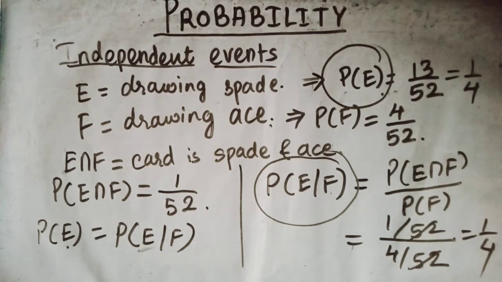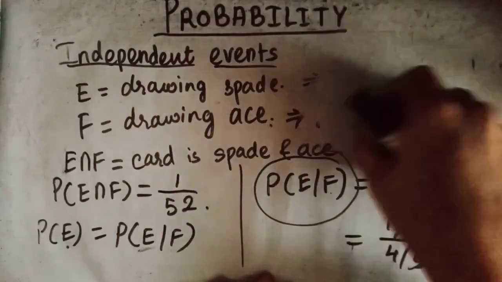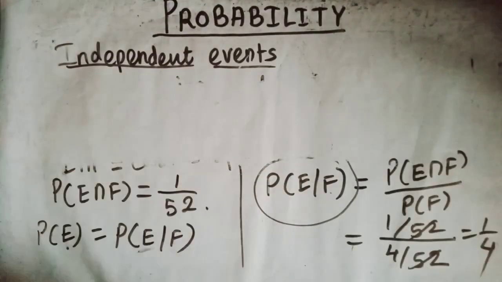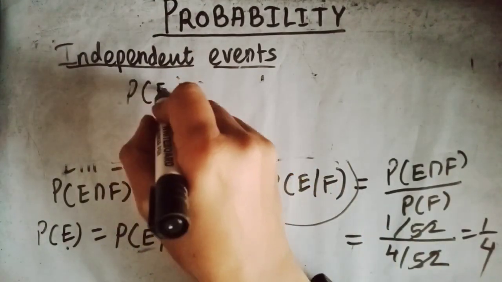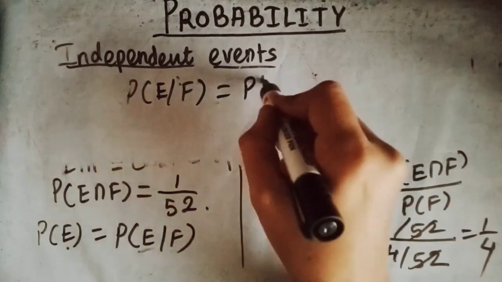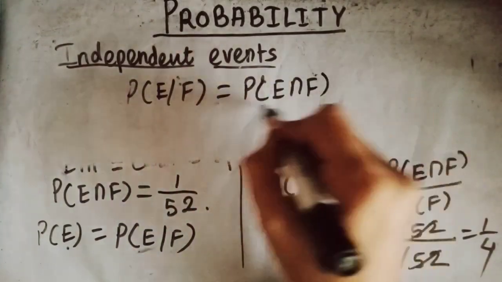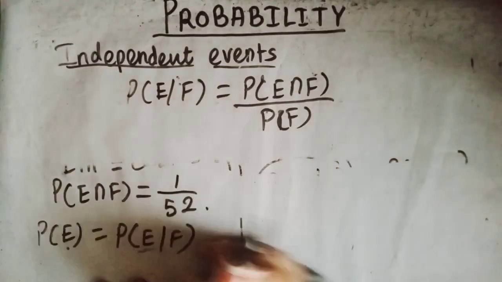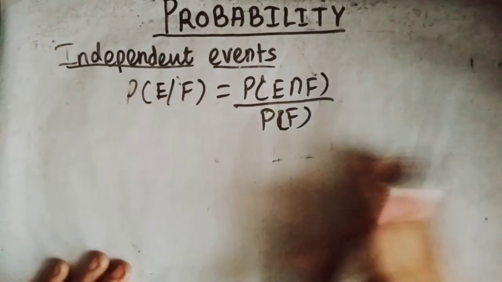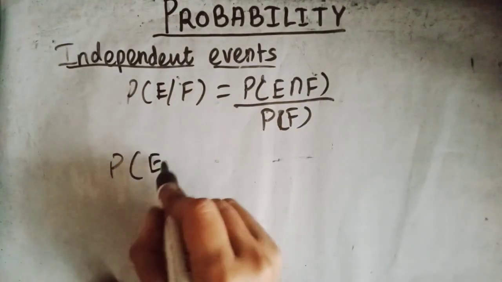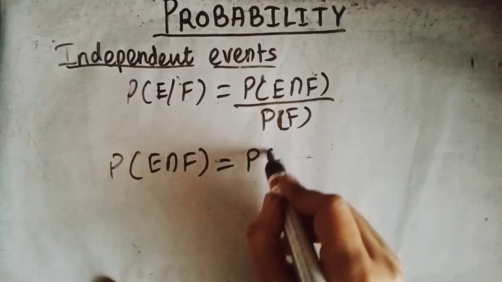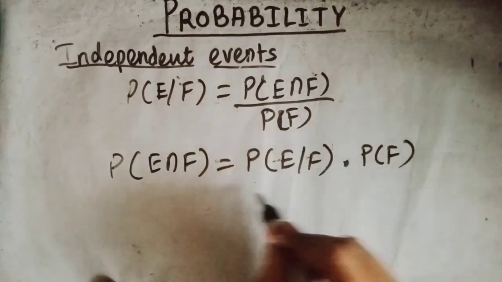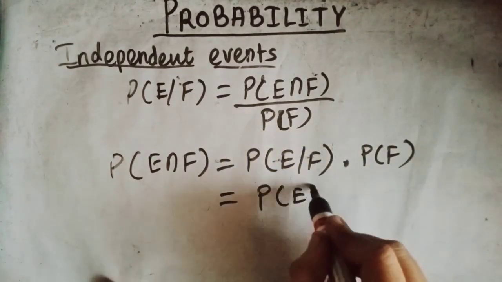That also comes from conditional probability, that is P of E intersection F upon P of F. So P of E intersection F is P of E into P of F, and we got here P of E is the same as this.